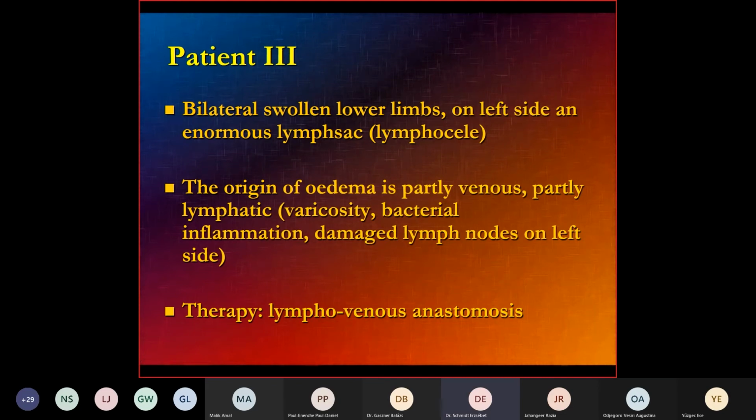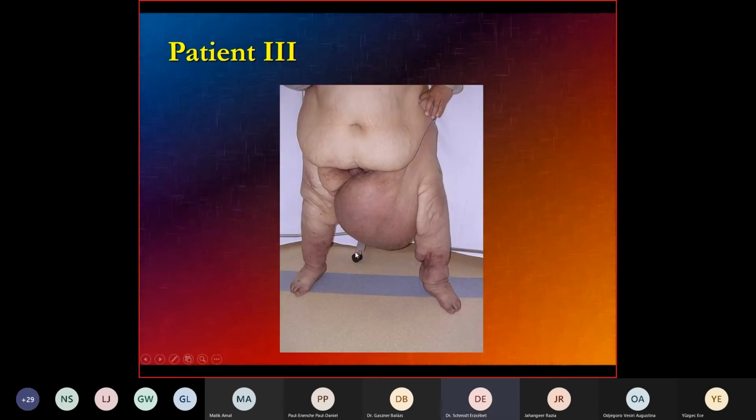The third patient had bilateral swollen lower limbs, and on the left side an enormous lymph sac, a so-called lymphocele. Here you can see the enormous lymphocele.